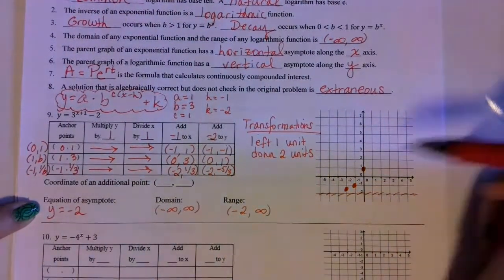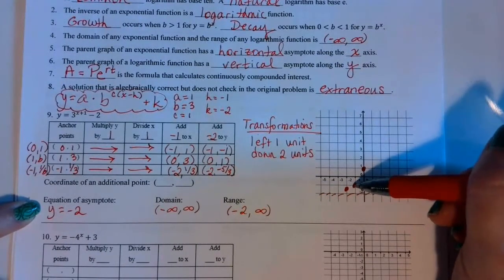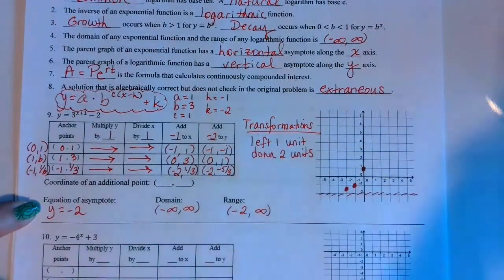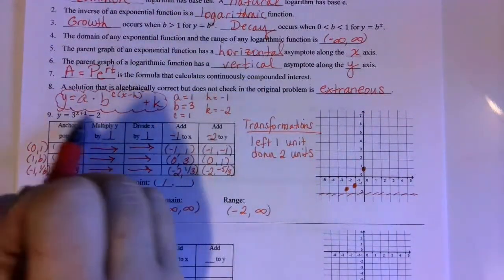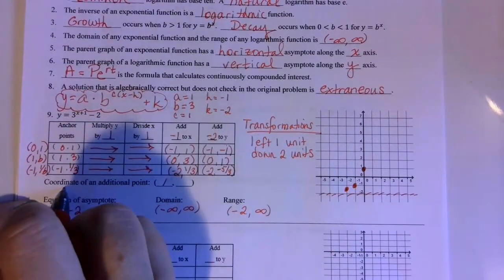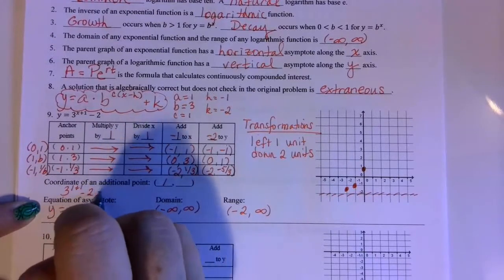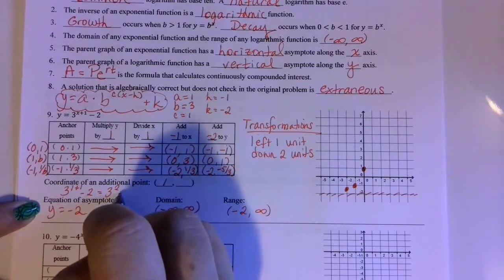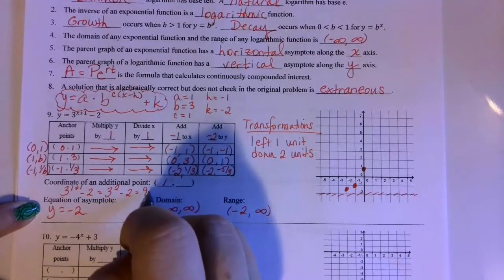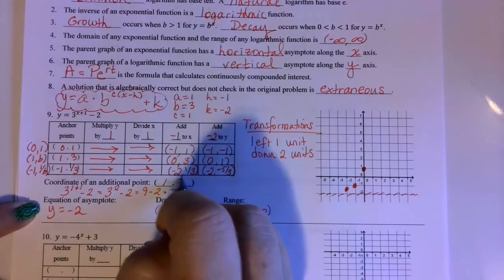Okay, and then we need another additional point. So let's put in a 1 for the x, and then we'll put that into our equation here. So we'll have a 3 raised to the 1 plus 1 minus 2, which would be 3 squared minus 2, which is 9 minus 2, which is 7.